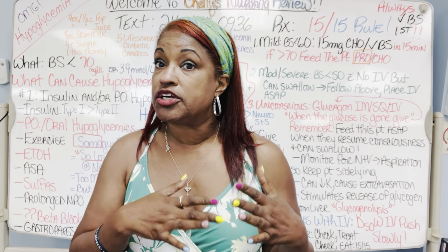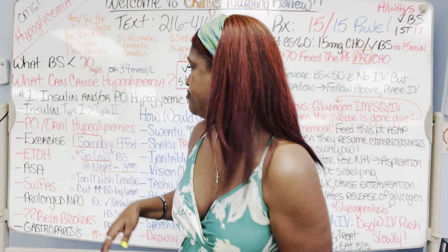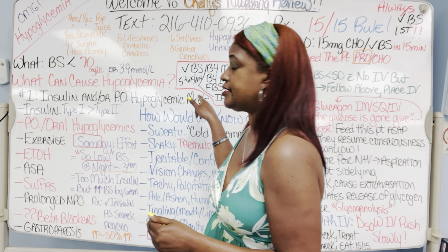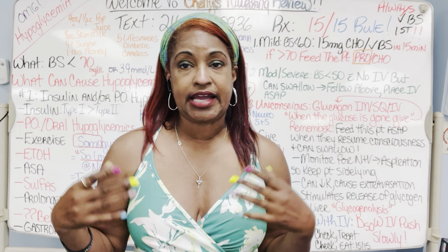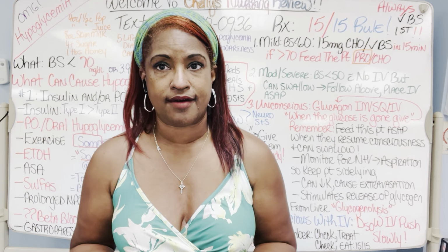Now, the number one cause of hypoglycemia in the type 2 diabetic is actually taking oral hypoglycemic medications. An example of that would be any kind of sulfonylurea, glipizide, glimepiride, whatever.